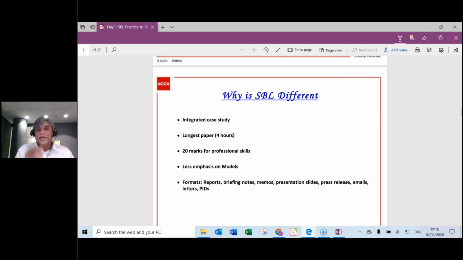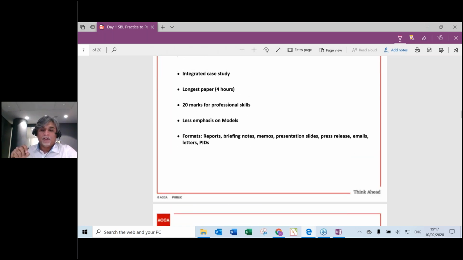Every attempt there is a presentation slide which you have to draw. There will be a press release which you need to draft, emails and letters, and project initiation documents. It's my job during the next 5 days to make you familiar with all the formats so that we can grab maximum marks. So formats is a very important thing for this.